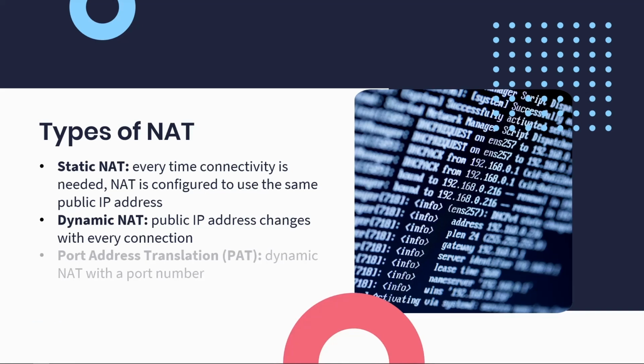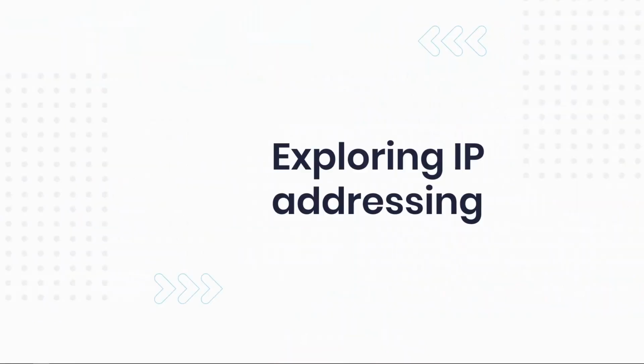And then we have port address translation, PAT. This is a form of dynamic NAT, but a port number is associated with the IP address for identification reasons. So you probably already know, or should do by now, that every connected device on the internet has a unique identifier, which is an IP address.